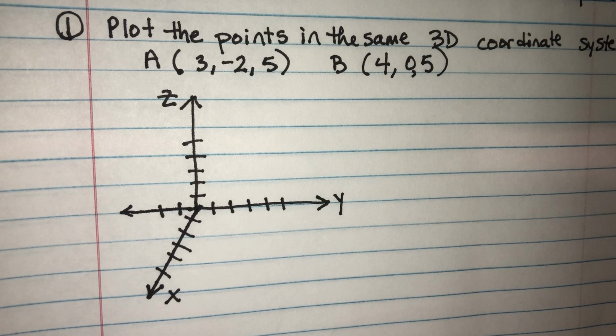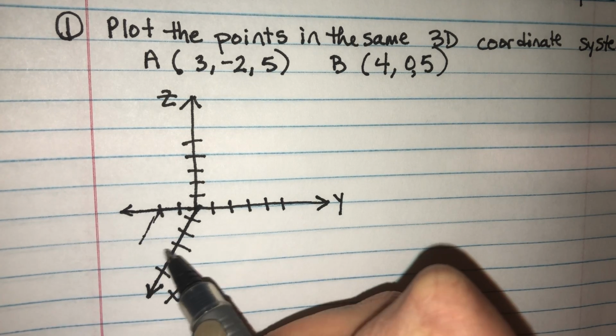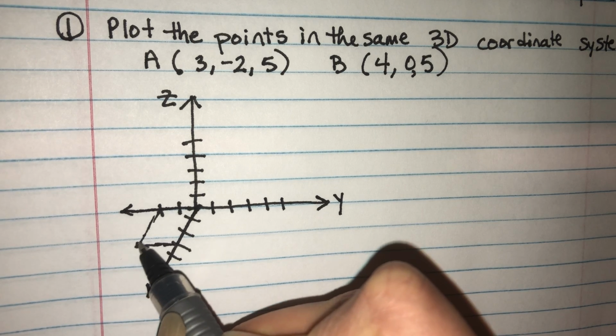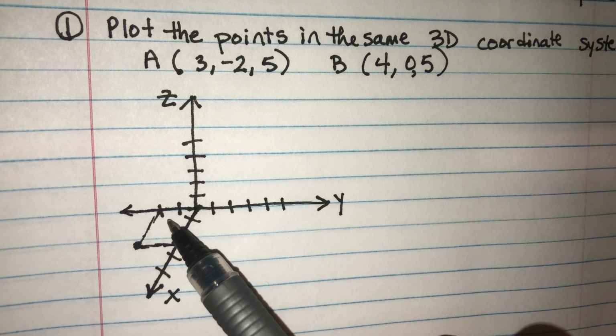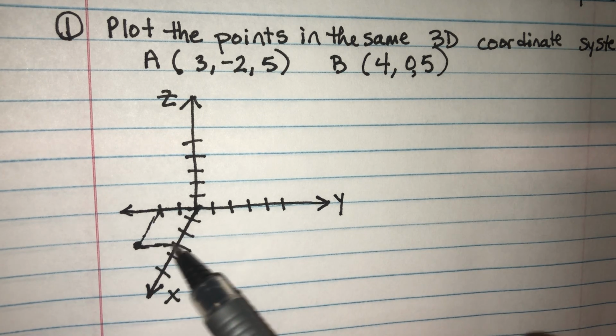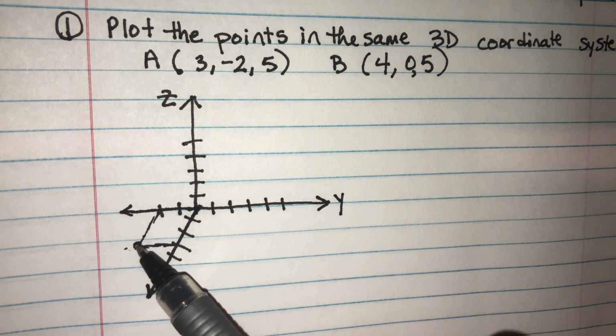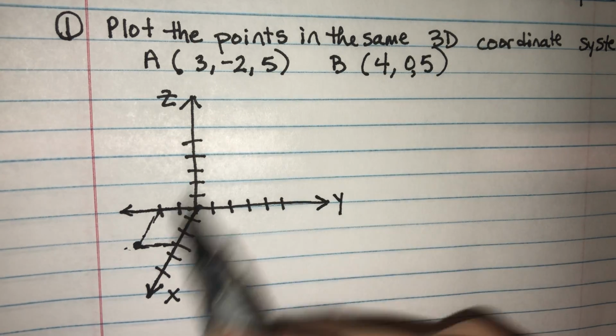Now you can kind of think of this as like drawing a little parallelogram. So we're basically right here right now, -2 for our Y and +3 for our X. So this is parallel to here and this is parallel to here. And then we have to go for Z up 5.